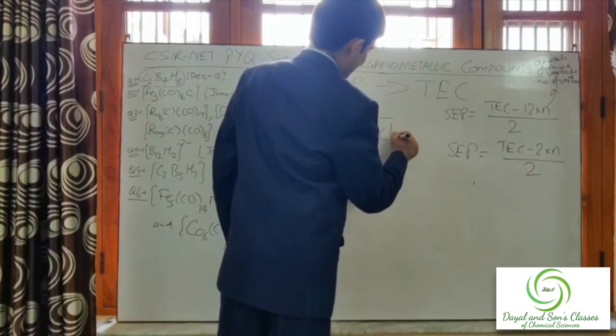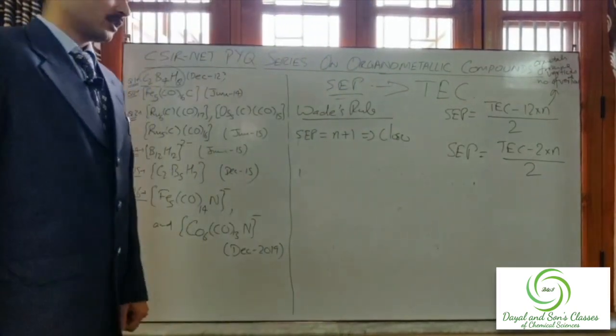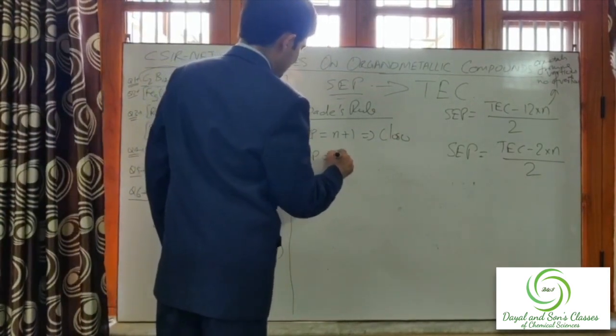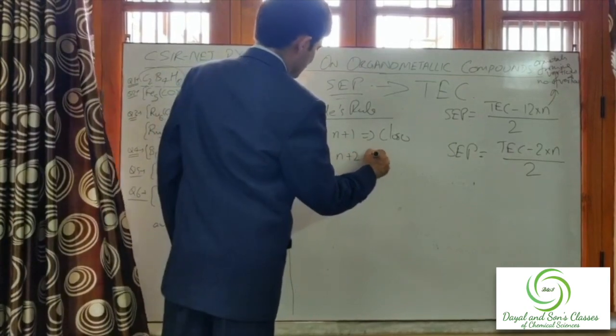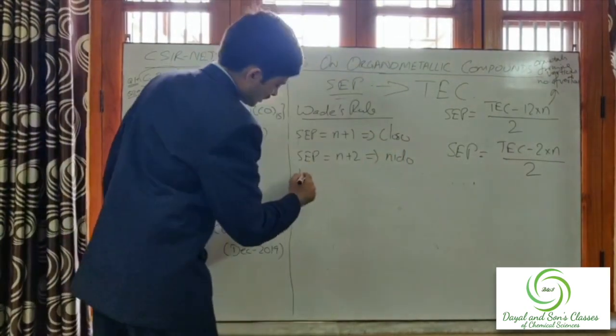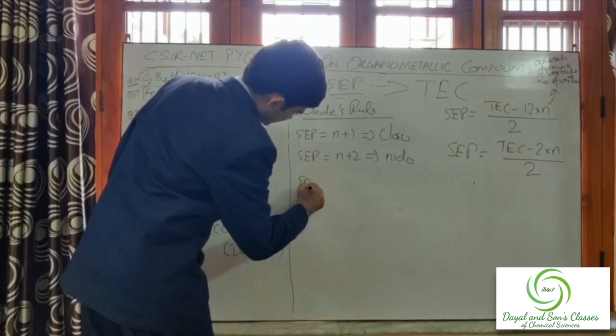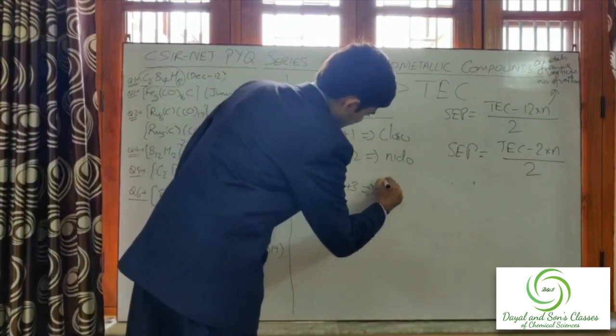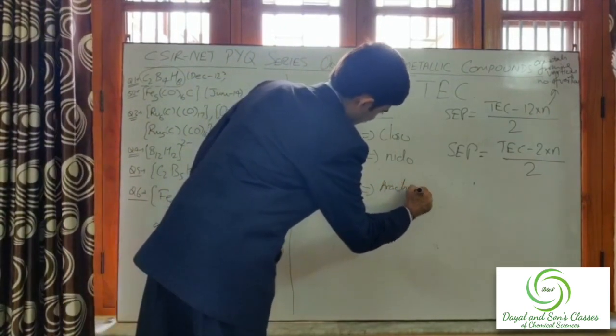the cluster will be Closo. If SEP is equal to N plus 2, it will be Nido. If SEP is equal to N plus 3, it will be Arachno.